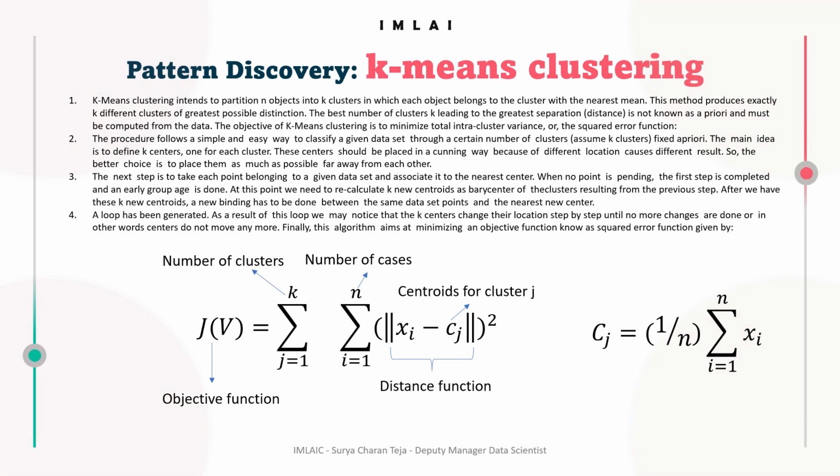It will start randomly, but slowly it will pick up. Then the point will be allocated to the cluster whose centroid is nearest. That's how k-means clustering works.